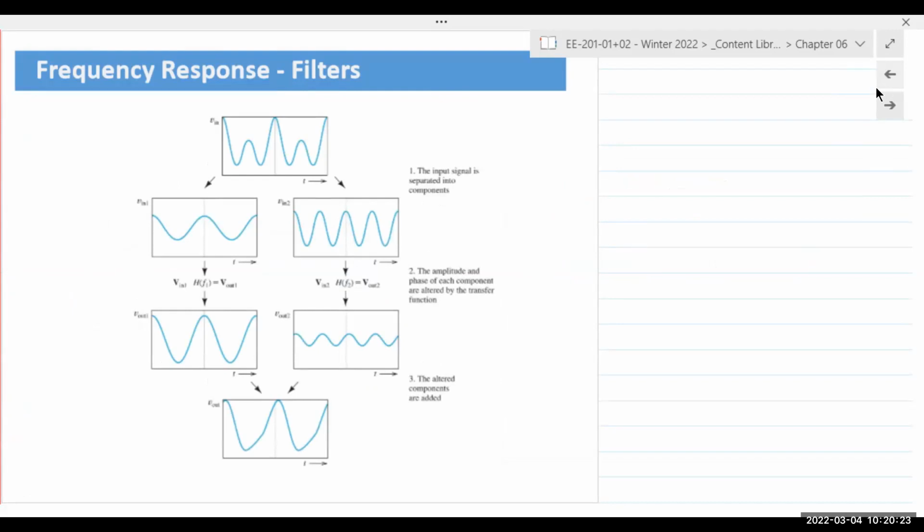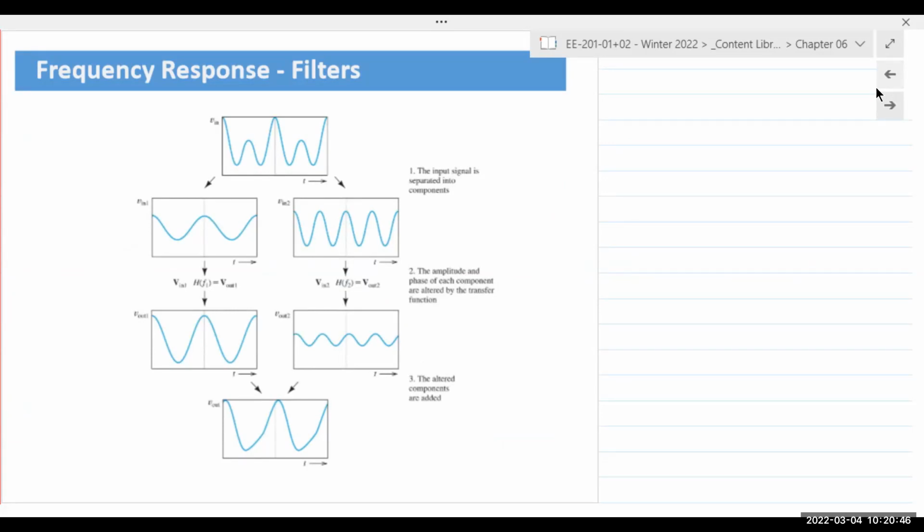Input signals are an amalgamation of multiple different frequencies. Any time varying input signal can be represented as a sum of sinusoidal waveforms. We can take any incoming signal, doesn't matter what shape it is, and we can say that it is comprised of sinusoidal waveforms.